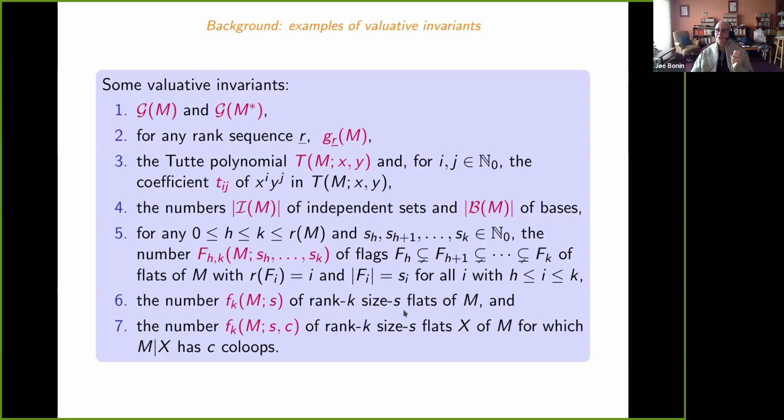We've already seen that used, right? Also, the number of flats of a given rank and size where the restriction has a given number of coloops. That's a useful valuative invariant. So those are some of the valuative invariants out there. In some sense, the G invariant encompasses all of them. But those are the ones that we're going to actually use.